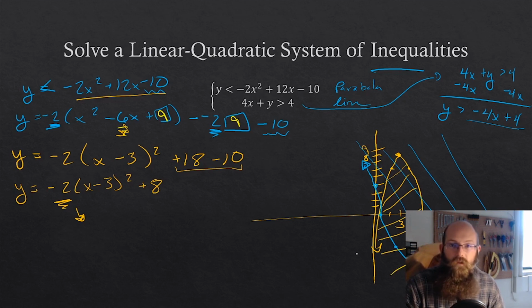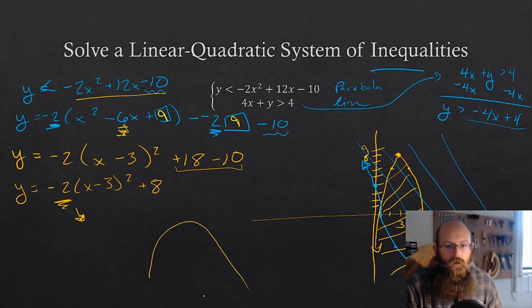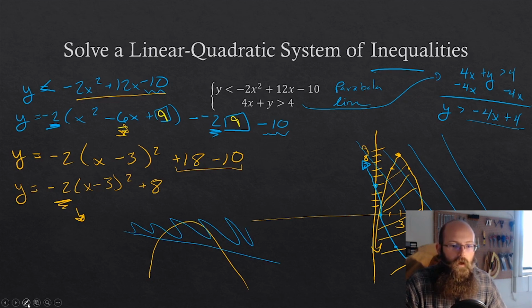So now you'll see the small section where they overlap is the middle chunk above my blue line and below my parabola. So I'm just going to draw another one over here real quick. This is not exactly the same, but it's just to help you see it a little bit better. I shaded above this line, and I shaded below the pumpkin spice line.